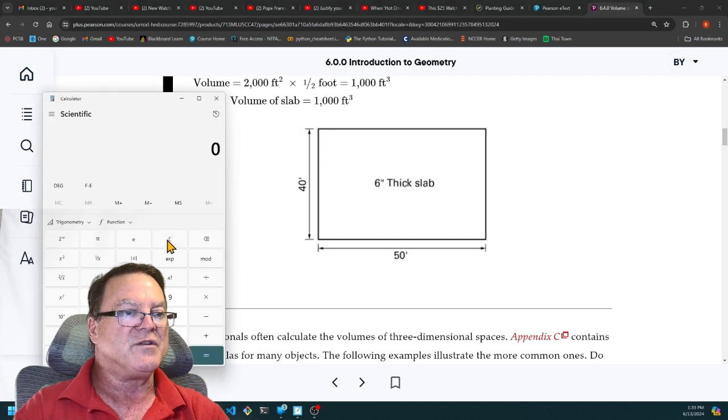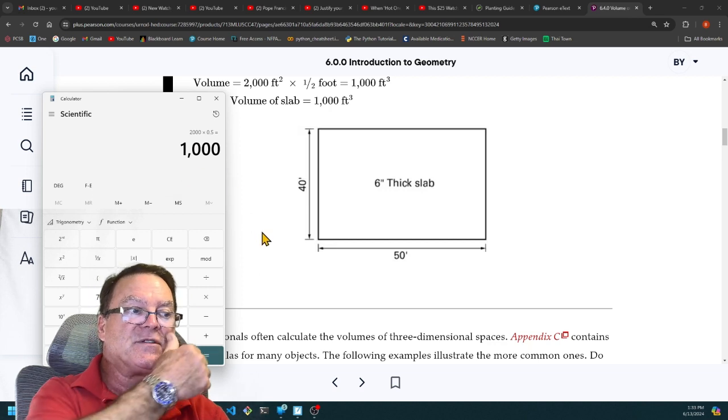So we're going to use our calculator. I know 50 times 40 is 2,000. So we'll do 50 times 40 equals 2,000 times. Now remember, it's 6 inches thick. That's 0.5 feet. That's a half a foot.